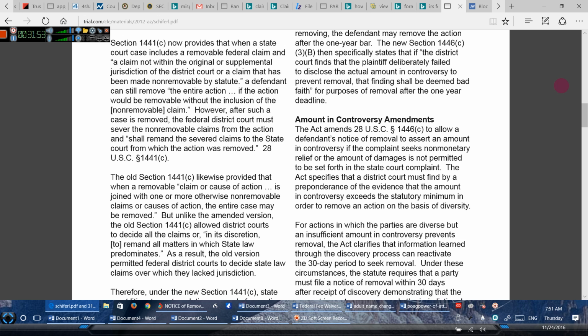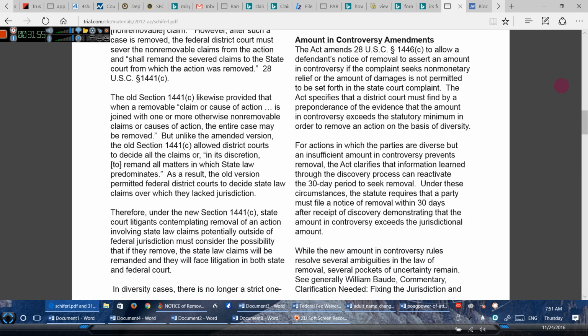All right, let's get rid of that. We got the monetary amount. It says 28-1446 right here. Okay. To allow the defendant's notice of removal to assert the amount in controversy if the complaint seeks non-monetary relief. And that's right, ladies and gentlemen, you can file a non-monetary relief complaint, and the amount of damages is not permitted to be set forth in the state court complaint.